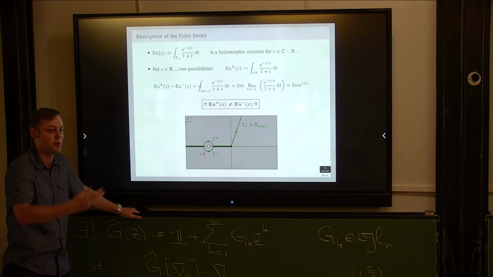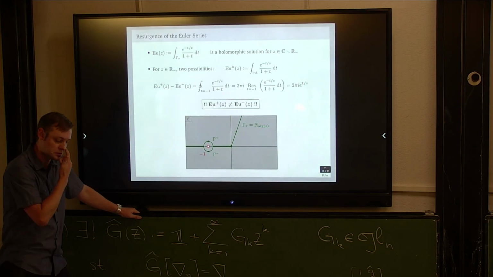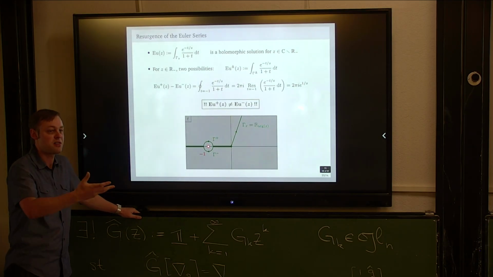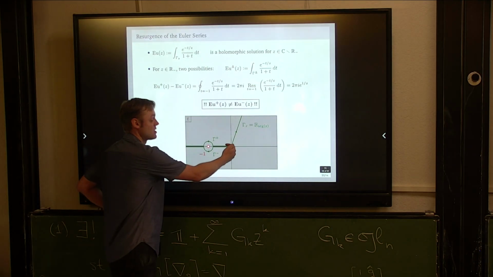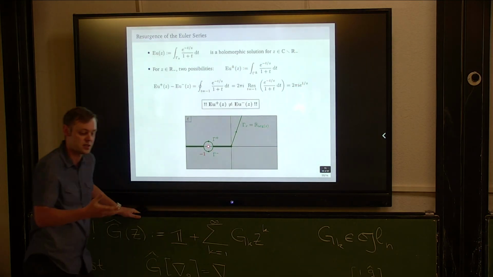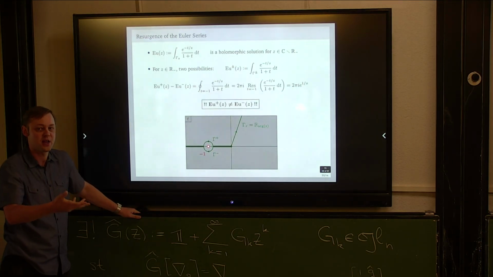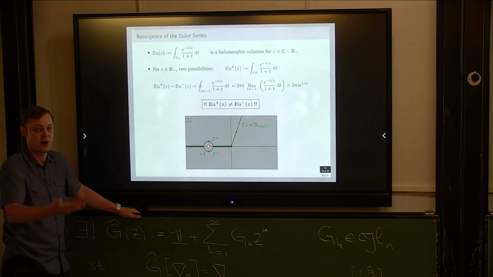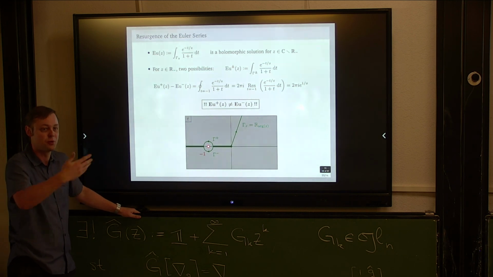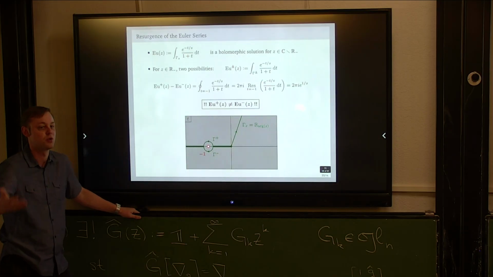It lifts this formal power series to this analytic function, which was the Euler integral. But the method has kind of problematic directions. In this case, the problematic direction was the negative y-axis. And whenever you encounter this problematic direction, you observe a discrepancy in the output of this algorithmic method, which is the Borel summation.